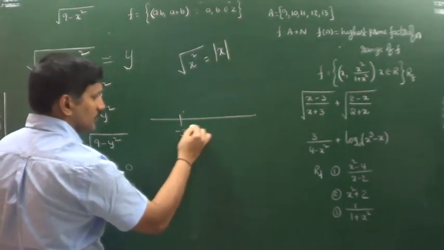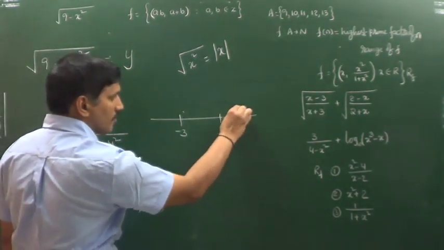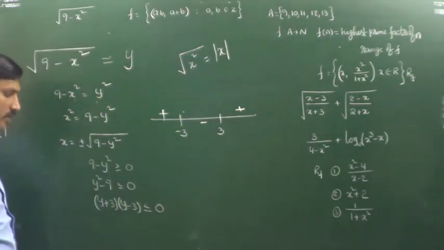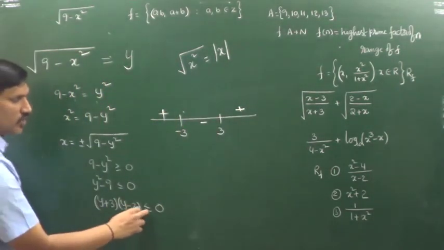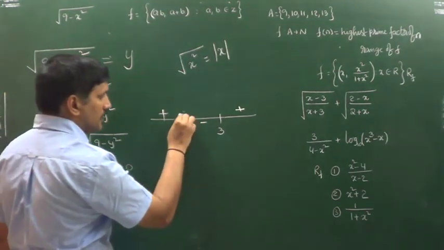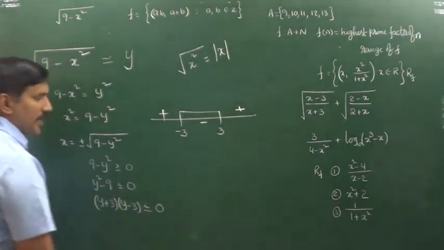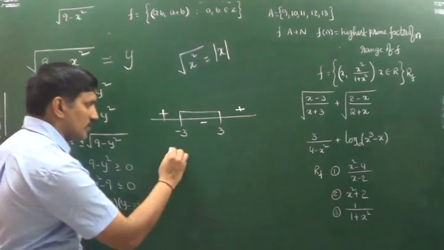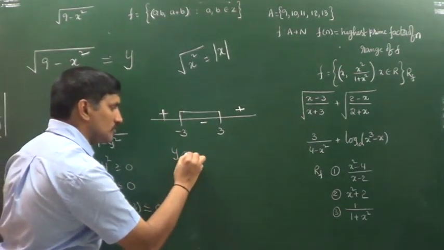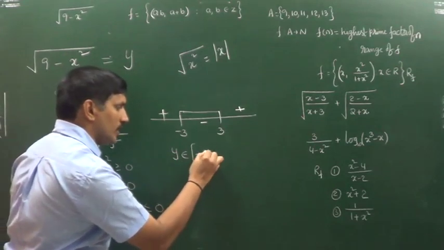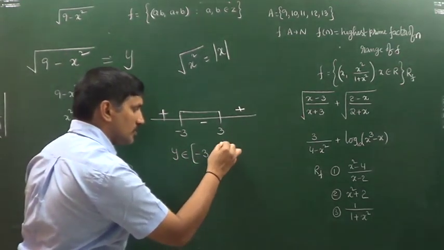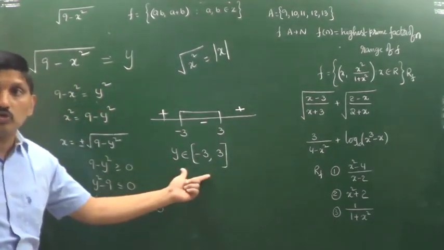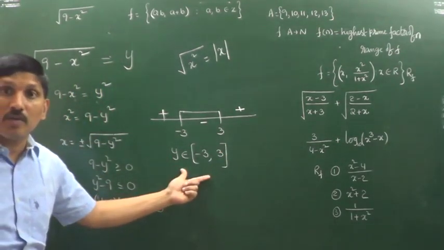Minus 3 and plus 3, signs plus, minus, plus. Less than 0 means we have to consider the negative portion. The negative portion is between minus 3 and plus 3. So we got y belongs to closed interval minus 3 comma 3.